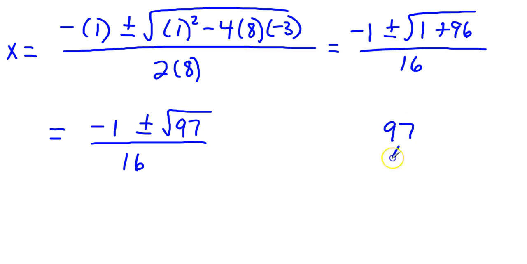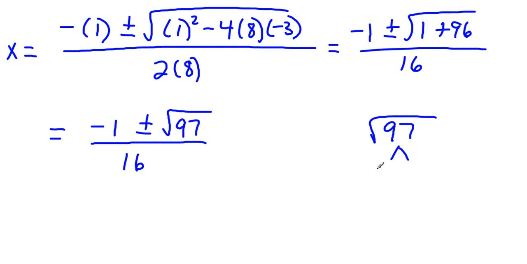So we've got to take 97 and break it down. Say odd number, 3 doesn't go. Of course 5 doesn't go. We check it, 7 doesn't go. 9 definitely doesn't go. And more than likely, if you get to 9 and there's nothing there, there's probably a good chance that there may not be anything else.